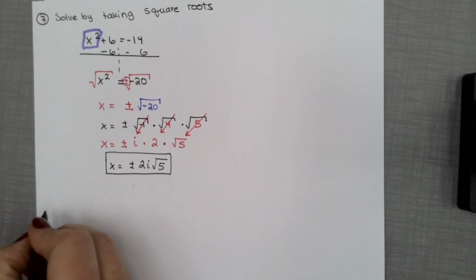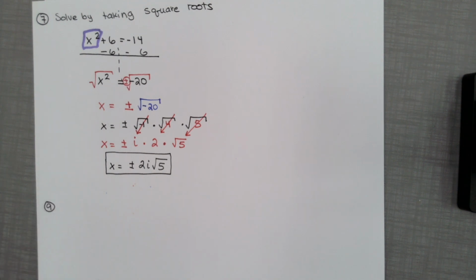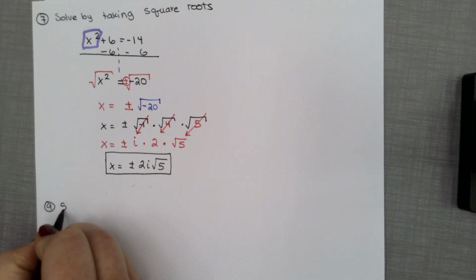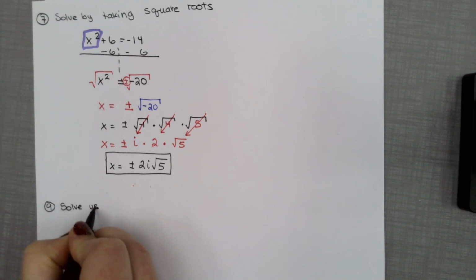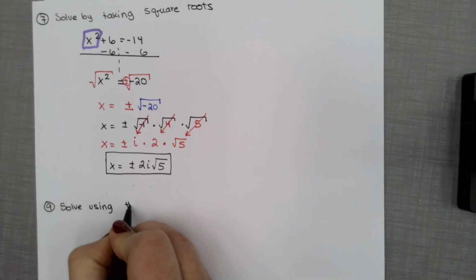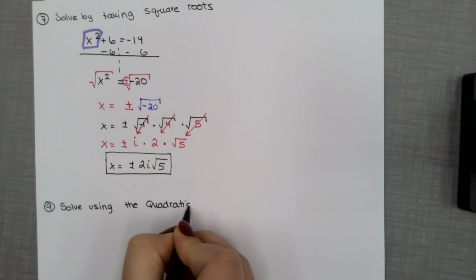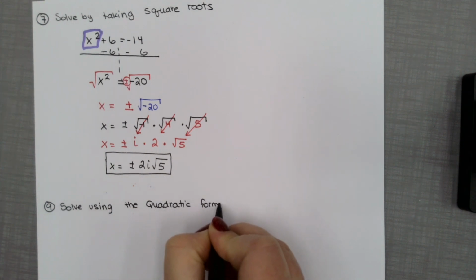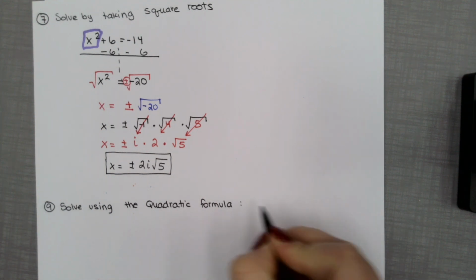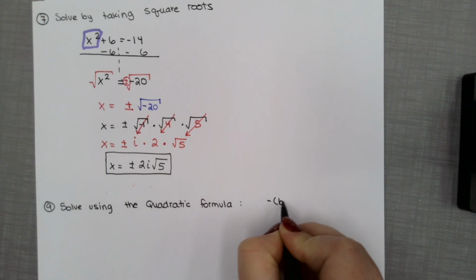All right, skipping number 8, moving on to number 9. Number 8 is going to be very similar to question number 7. Number 9 is asking us to solve each equation with the quadratic formula. The quadratic formula will not be provided, so make sure that you have that memorized.